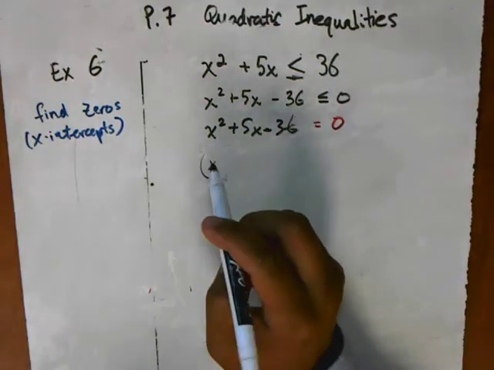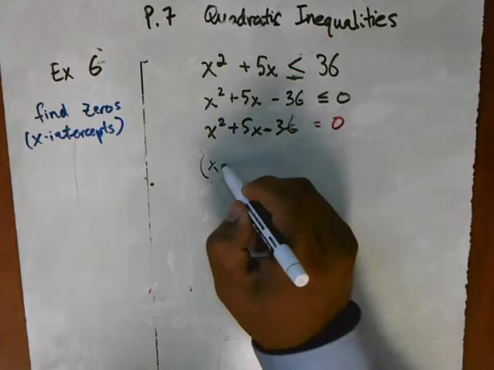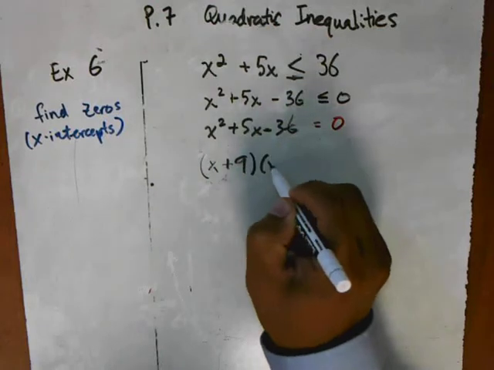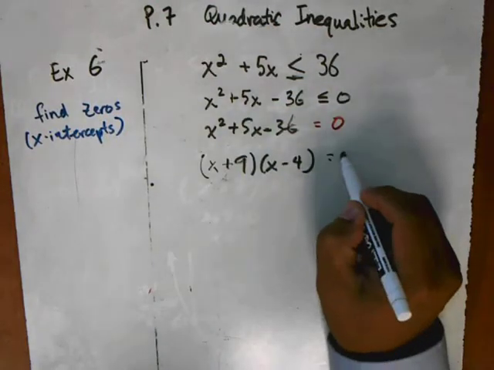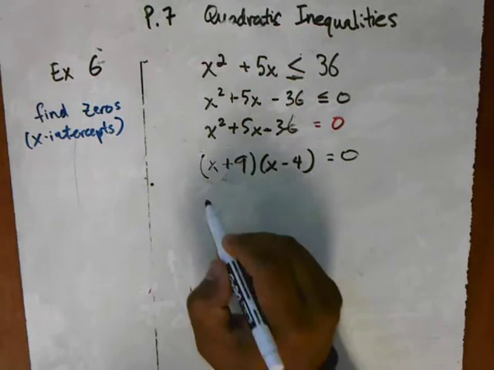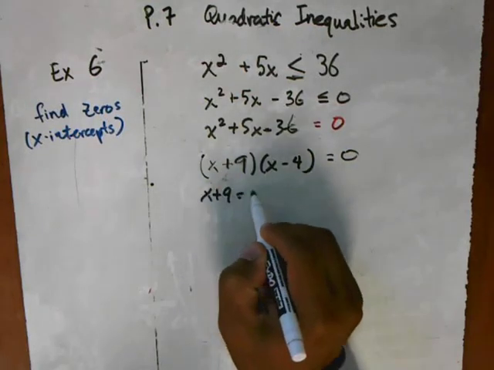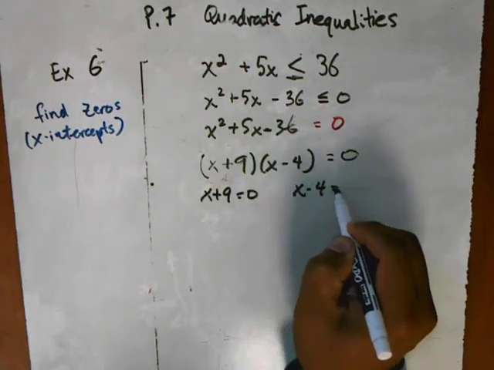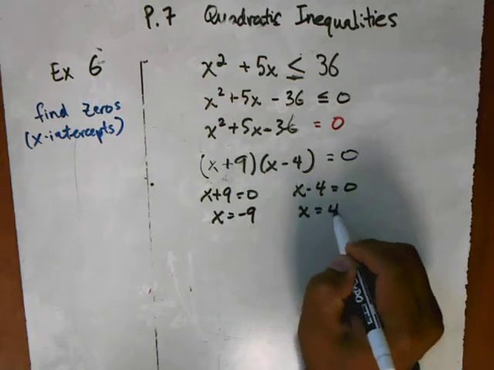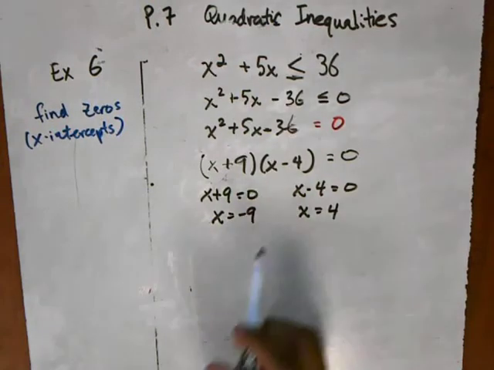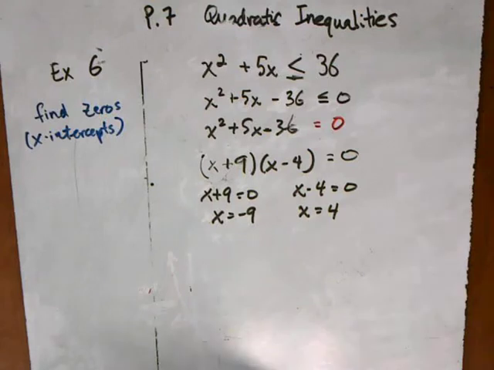This is x plus 9 and x minus 4. And this will give me x plus 9 equals 0, x minus 4 equals 0, so x equals -9 and x equals +4. And those are my two x-intercepts. But they are not the solution to the problem.